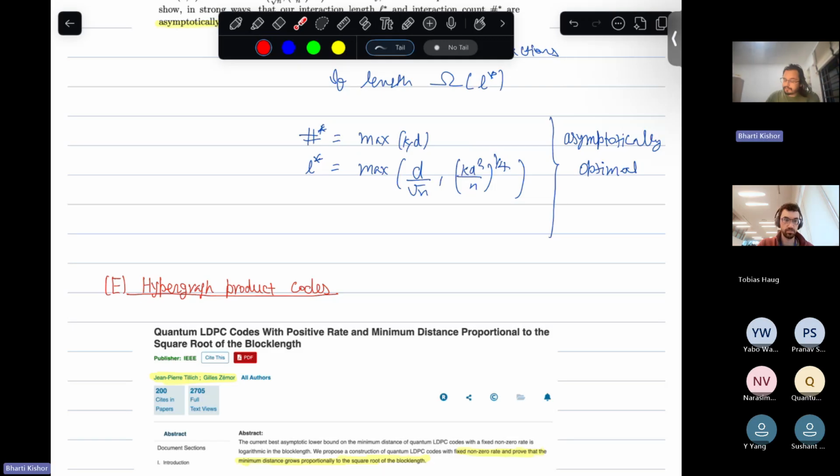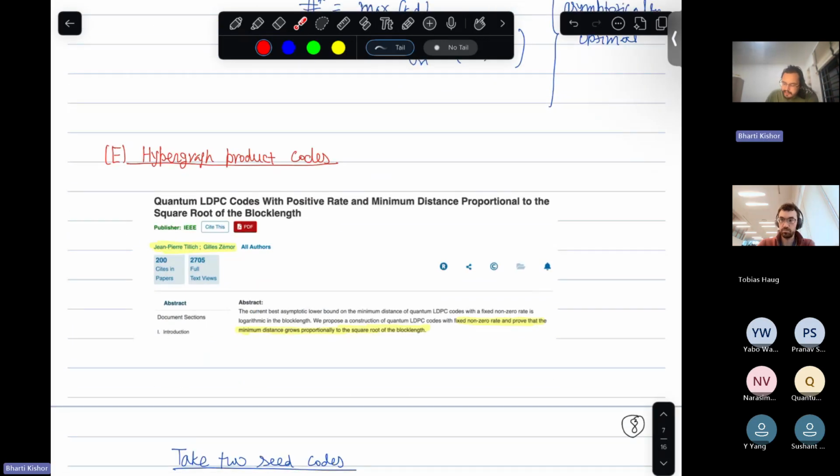Okay. So a particular construction by Tillich and Zémor is called the hypergraph product code. In here, they managed to get a constant rate, asymptotically k by n is constant. And they proved that the minimum distance grows proportionally to the square root of the block length, which is n.